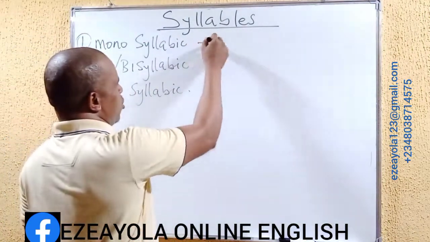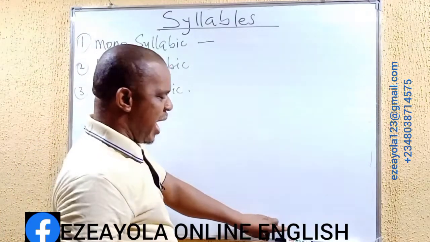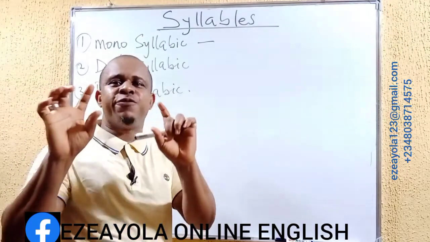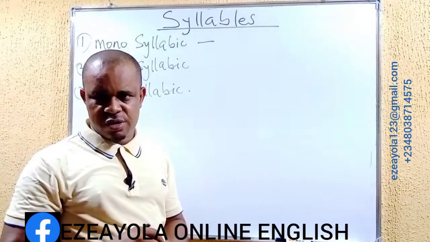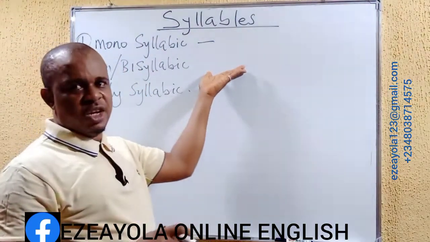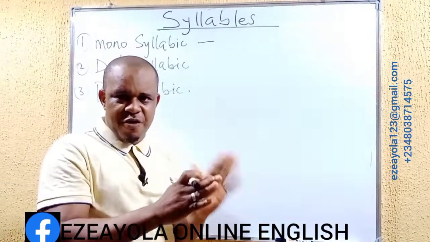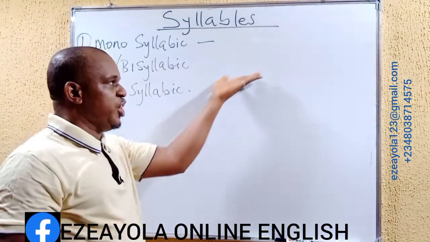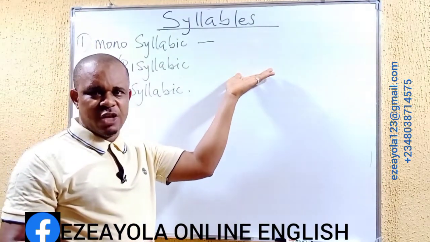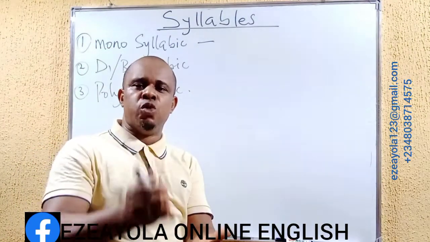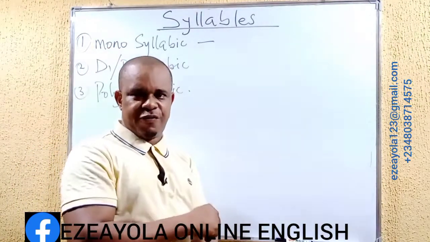When we mention the monosyllabic words, we are talking about words in the English language that have only a single syllable. We have words in English that, of course, we cannot break into various syllables. Like we did with our example when we wrote education on the board, we were able to break it into 4 different syllables.